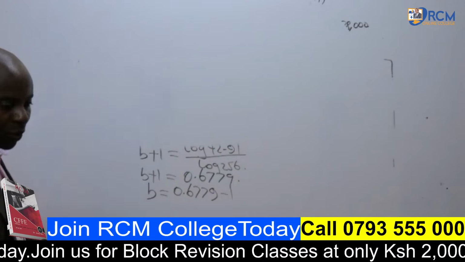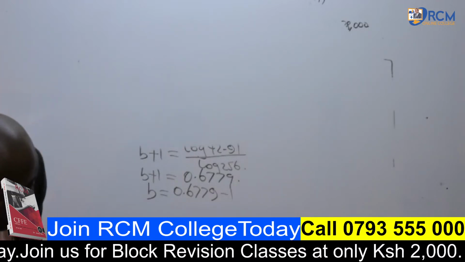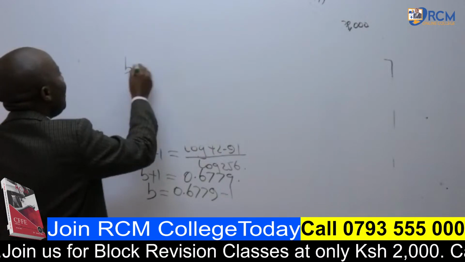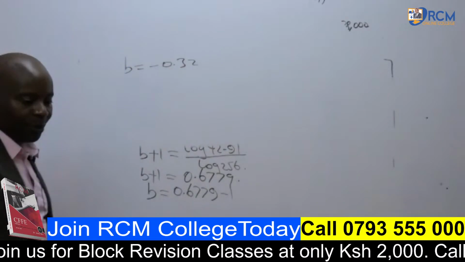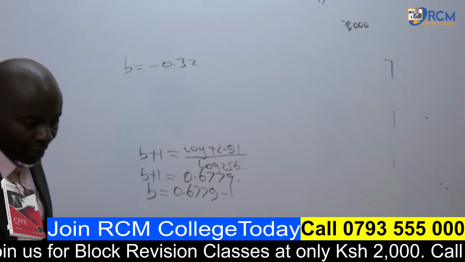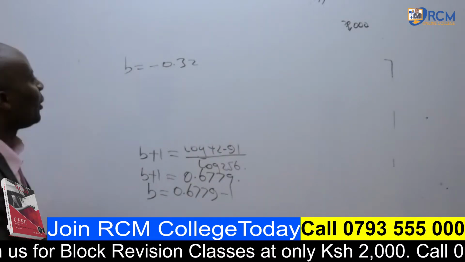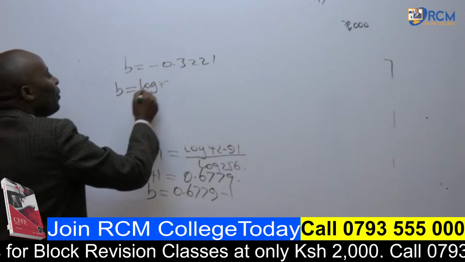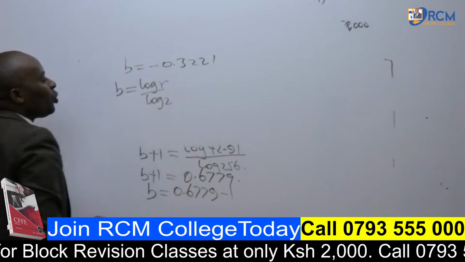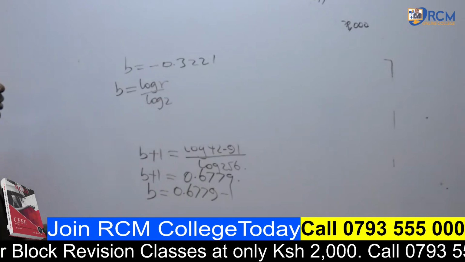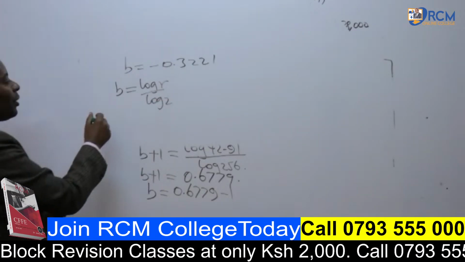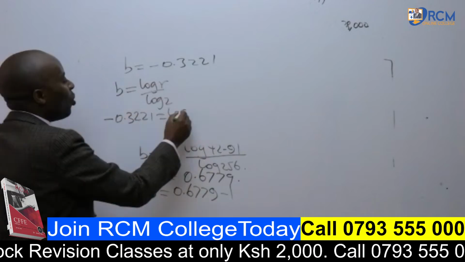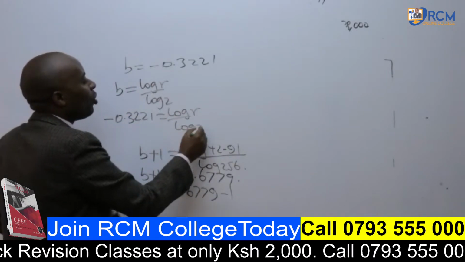So b will end up giving us from Peter, b is minus 0.3221. Thank you very much. And we know one fact that b is logarithm of r over logarithm of 2. So the b that you're giving me here is minus 0.3221 equals log r over log 2.